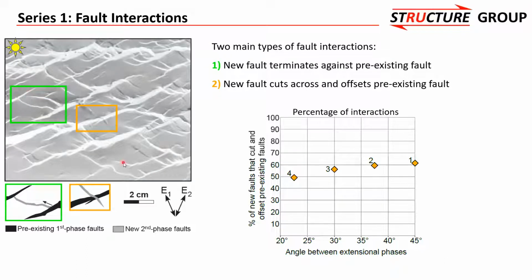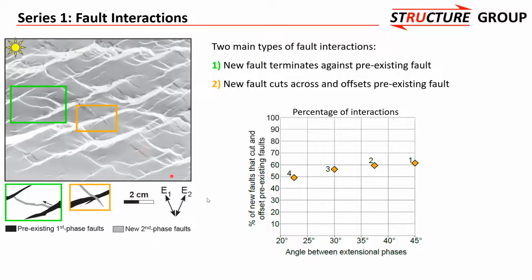There are many cases in the models where it looks like, for example here, that fault may cut across this larger pre-existing fault, but when you watch it, this is a new fault that propagated outward before the tip of this fault reached this area on the surface. The second type of fault interaction is where new faults cut across and offset pre-existing faults, as indicated in the orange here.